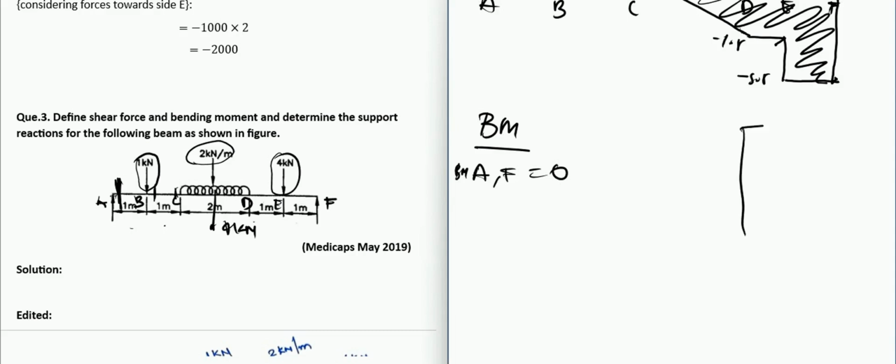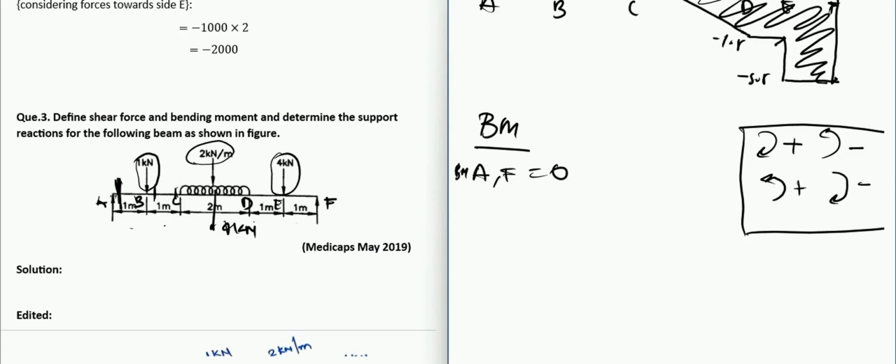The sign convention here is whenever you are considering forces on the left, you just have to give clockwise as positive and anti-clockwise as negative. And the reverse is true if you are considering forces on the right side: anti-clockwise is positive and clockwise is negative. So in the bending moment, we will consider the forces on the right side sometimes.